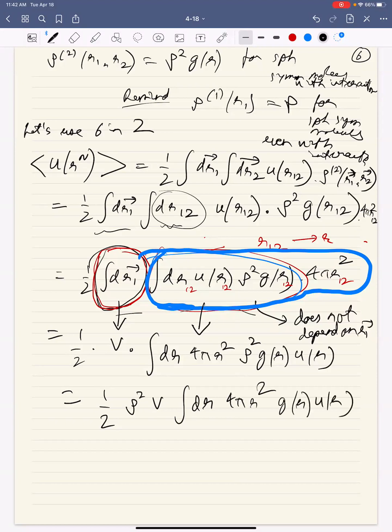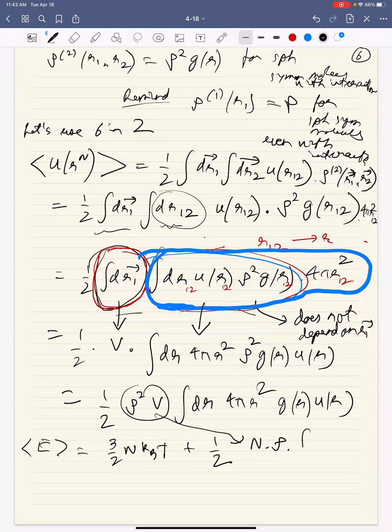Okay. So we have just shown that the average total energy is equal to 3/2 N kBT plus half rho square V, which can be written as N multiplied by rho, right? Because rho V is N, rho integral dr 4 pi r square g of r u of r.